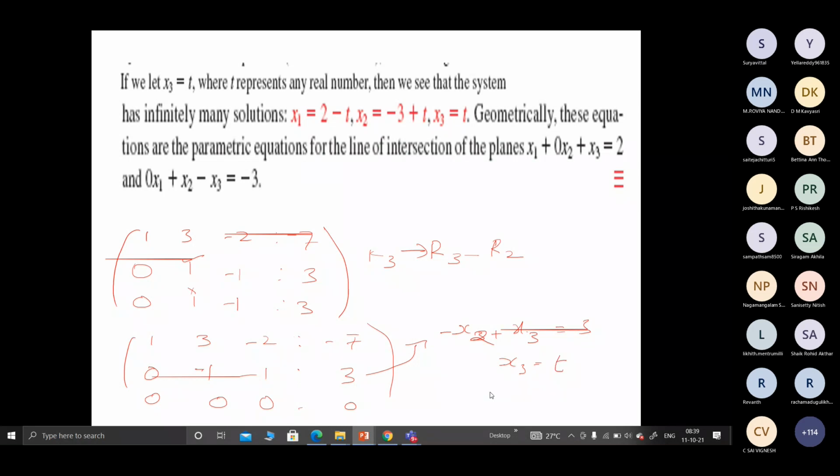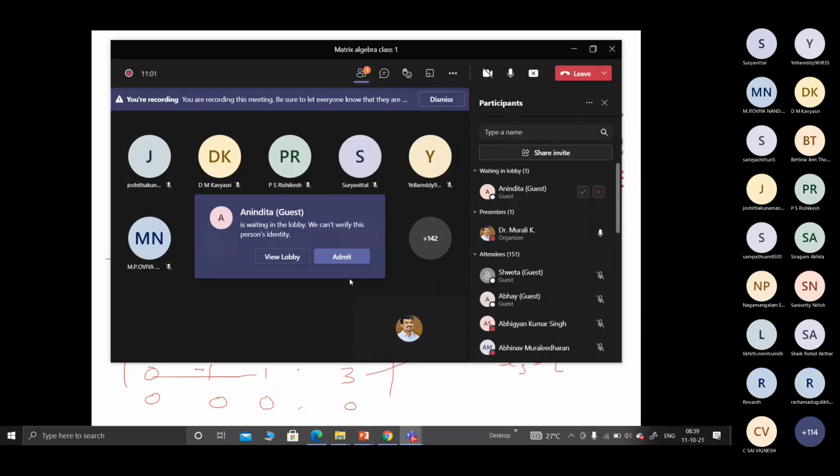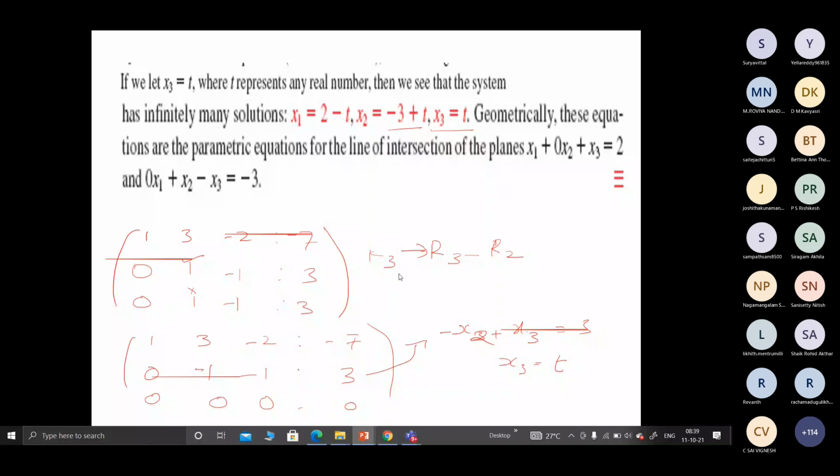So what will be x2? x2 is t minus 3. Correct? So x3 is t and x2 is t minus 3, and x1 is, sorry, 2 minus t. That's exactly what we have here. Fine. Is that clear, how you take that arbitrary value?